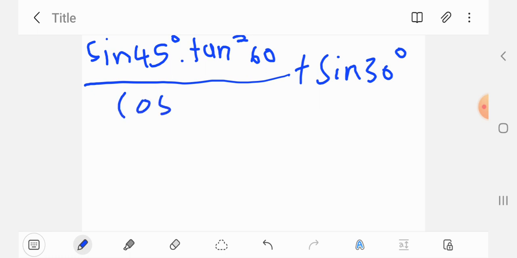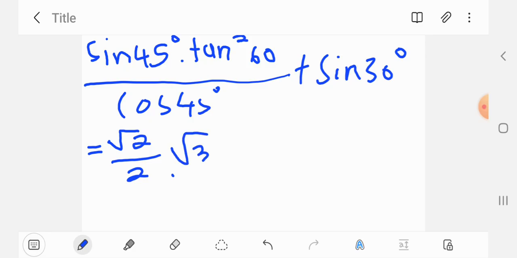So when in your calculator you punch sine 45 degrees, you're going to get root 2 over 2, and then tan 60 you're going to get root 3, so you have root 3 squared, but when you punch in root 3 squared you will have 3.